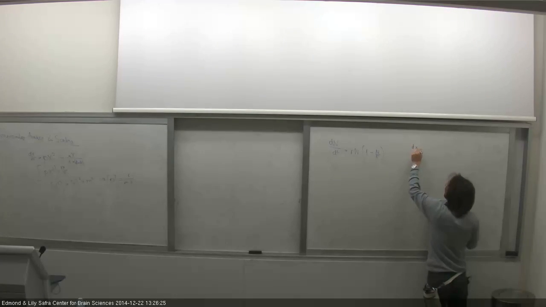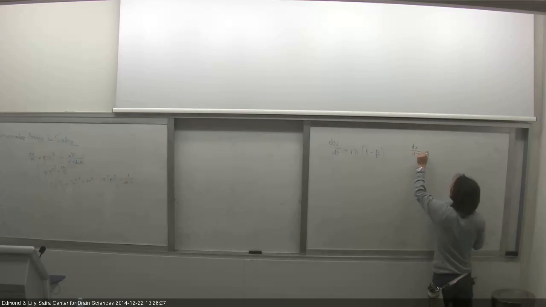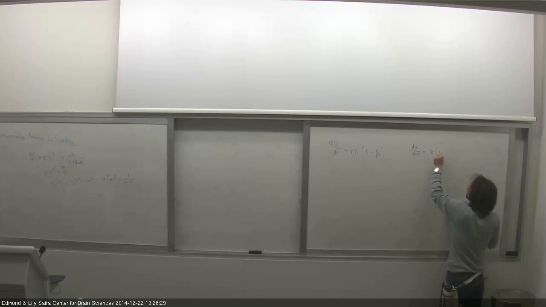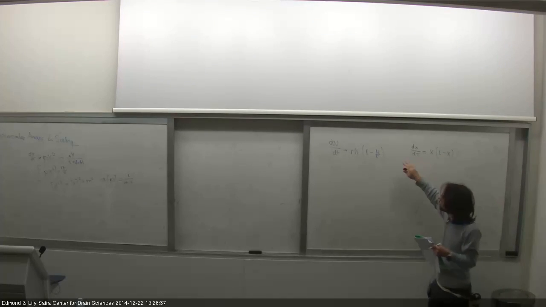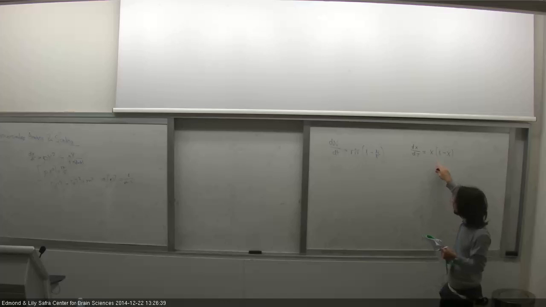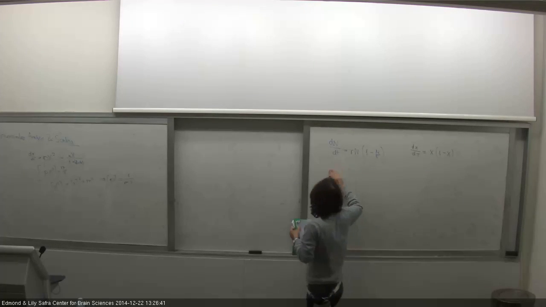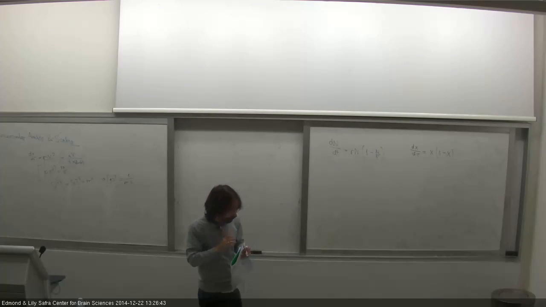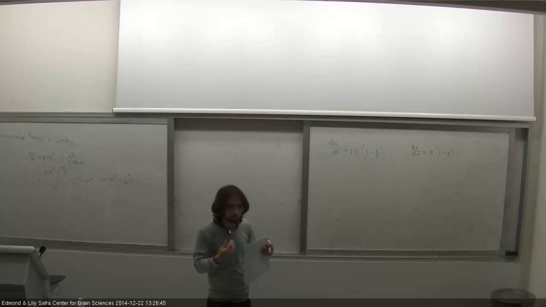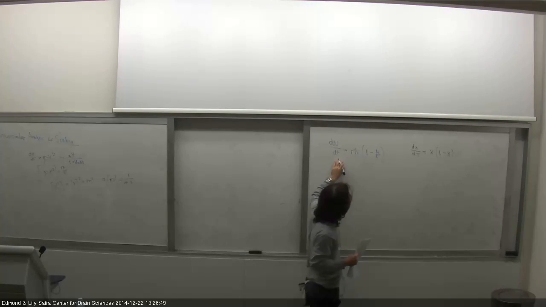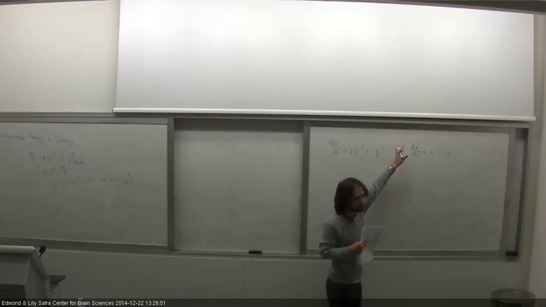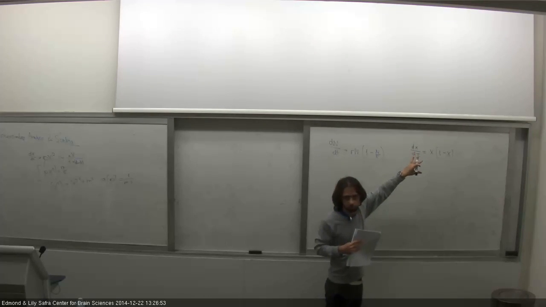I'll write here our goal. We want to do all of our analysis on this. So find some transformation that will take this to this. But it's not always clear what your goal is. Usually you just start the non-dimensionalization and hope to reach an expression as simple as possible.